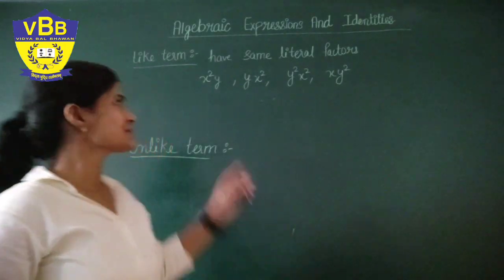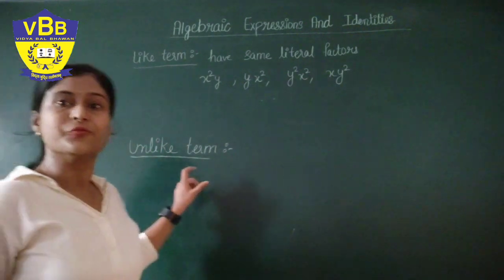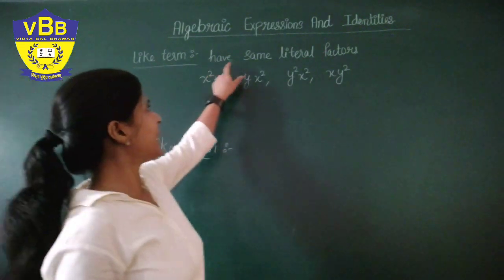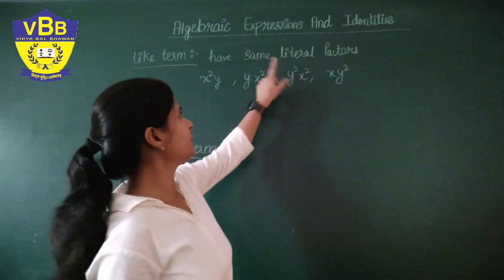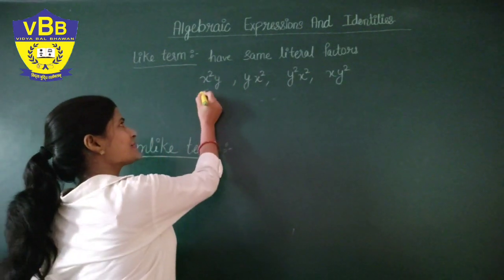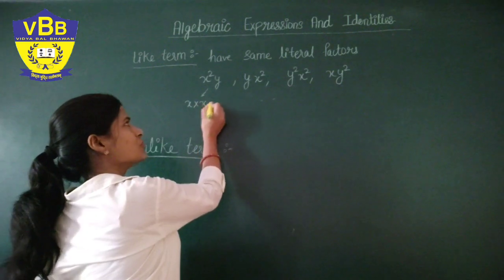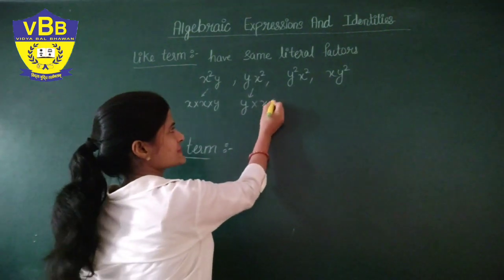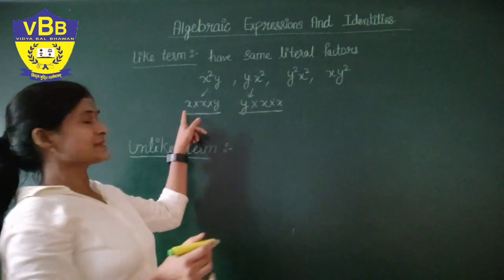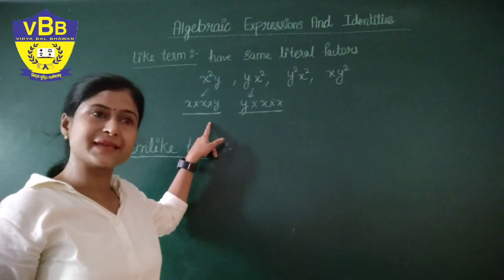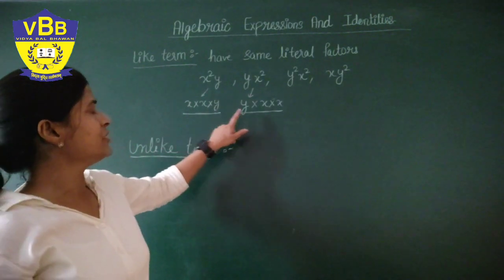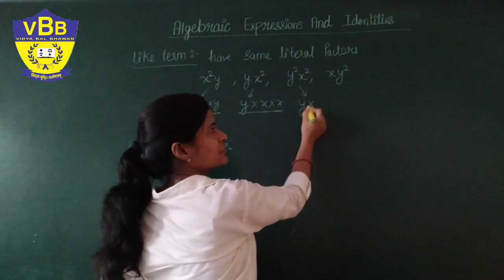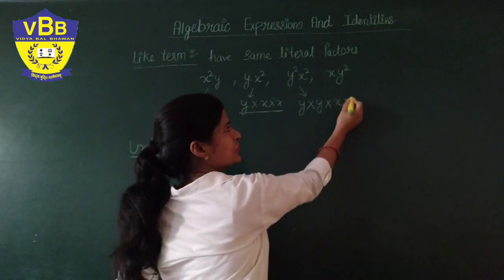The next topic is like term and unlike term. How can we define like term or unlike term? If they have the same literal factors. Literal factor means if we are saying x square y, it is x into y. In a similar manner, you can get y into x. Both are the same, just like 3 into 4 or 4 into 3. And the third one, if you are doing the factors, it will be y into y, x into x.